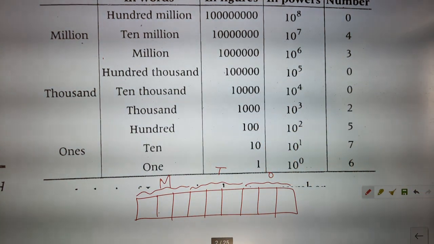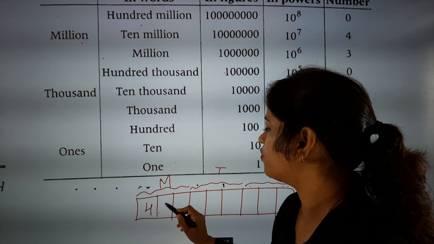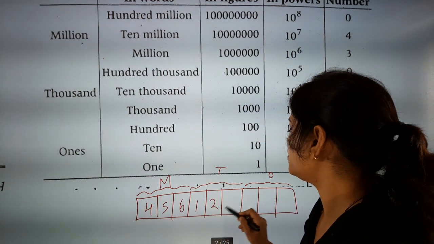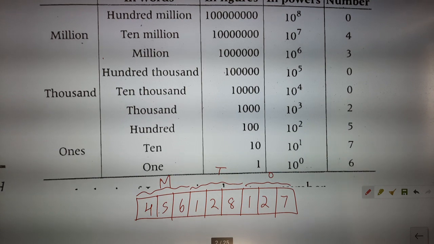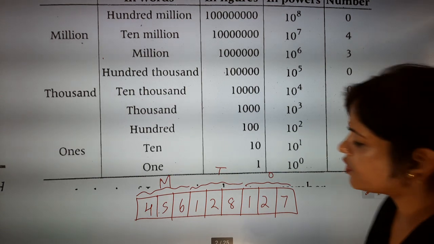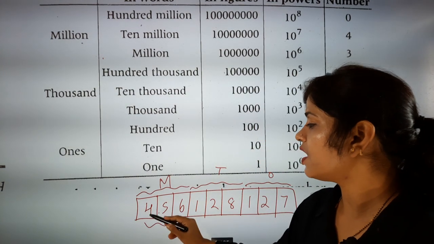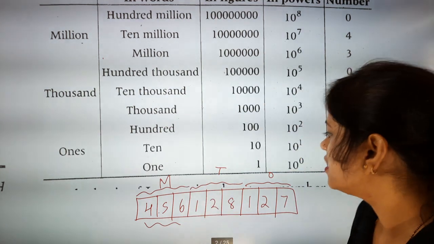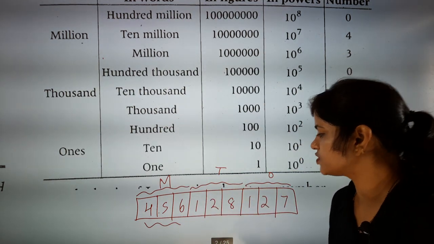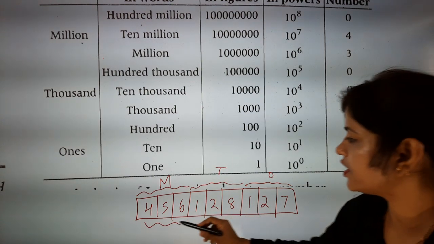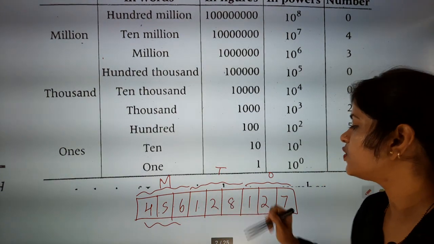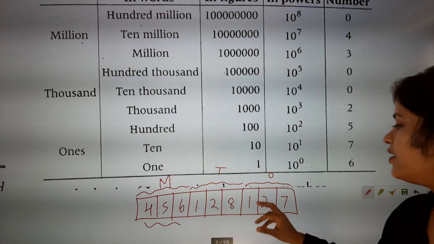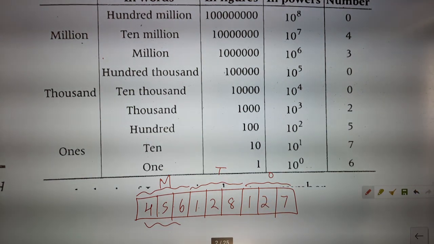So if any number is written like 456128127, then how to read it? We read it as 456 million, 128 thousand, 127.